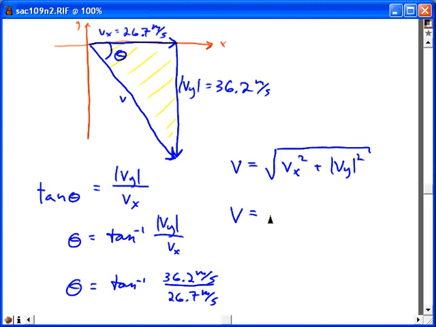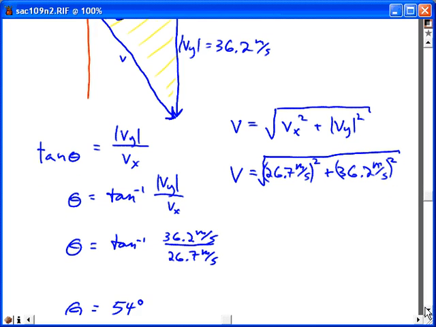So V is 26.7 meters per second all squared plus 36.2 meters per second all squared, and then everything I just said under the radical. Evaluating that, for V I get 45 meters per second, rounded off to 2 sig figs.